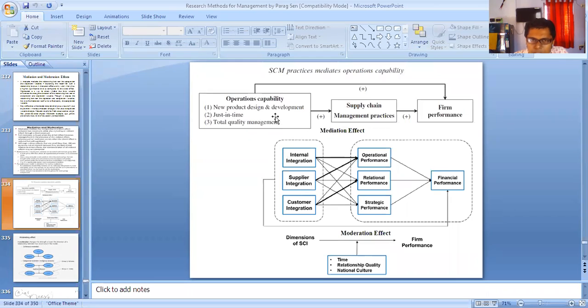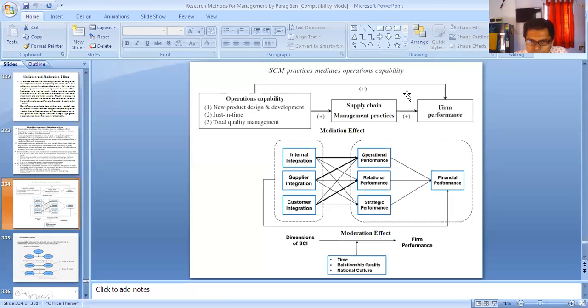Under the construct operations capability, there are manifest variables like new product design and development, just in time, total quality management, like this. In supply chain, under supply chain practices, there will also be some manifest variables. Those have not been shown here. Under firm performance, there will also be some manifest variables. Here those things are not shown.